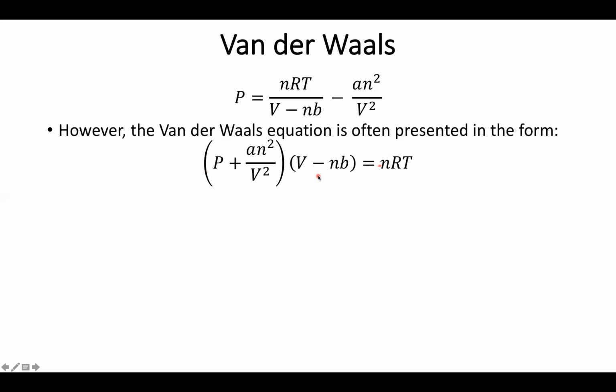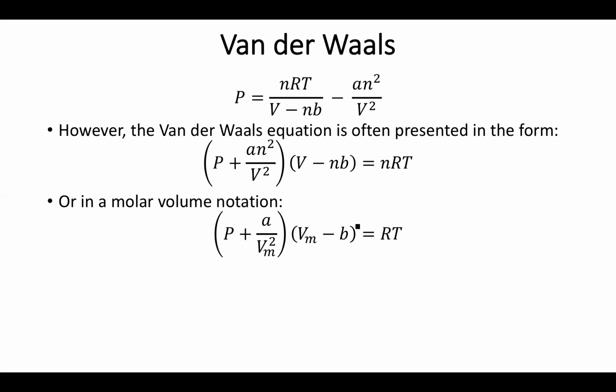So if I instead prefer working with size intensive properties, I can replace my n and V terms with molar volume. And this essentially can be done by dividing my whole equation by n. And when you do this, what you end up with is a reduced form where pressure is going to be equal to the strength of my IMFs divided by the molar volume times the molar volume minus the volume occupied by 1 mole of gas.